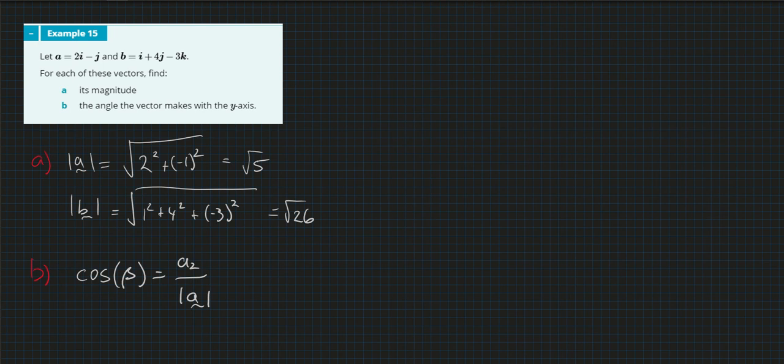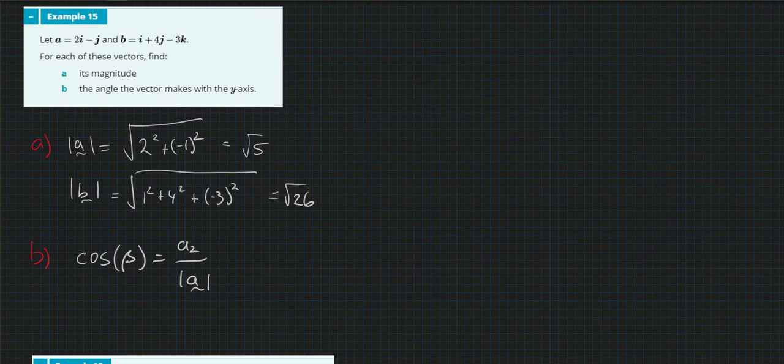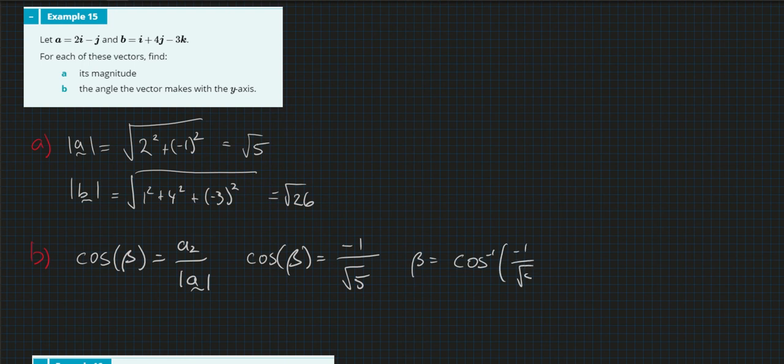That means cos beta is going to equal A2 for A, which is minus 1 on the square root of 5. So beta equals cos to the minus 1 of minus 1 on root 5. I'll do that in a second on the calculator because I don't know that off the top of my head.